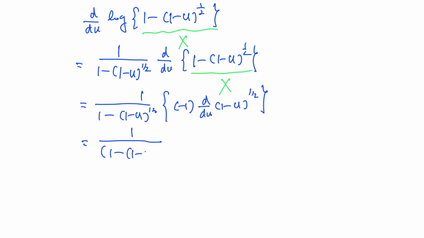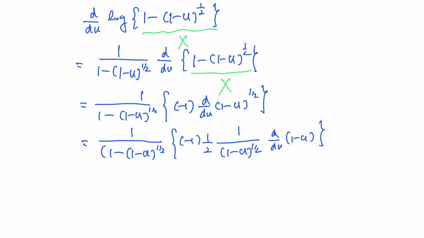One minus u 1/2 minus 1, 2, 1 minus u half, and du d 1 minus u, right? Keep applying the chain rule, then you get 2, 1 minus u half, 1 minus u 1/2, and minus becomes just 1.